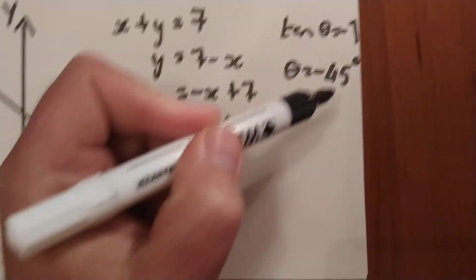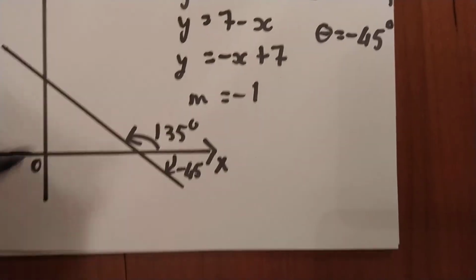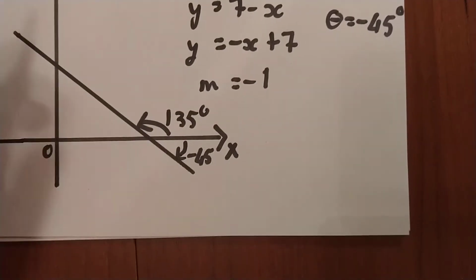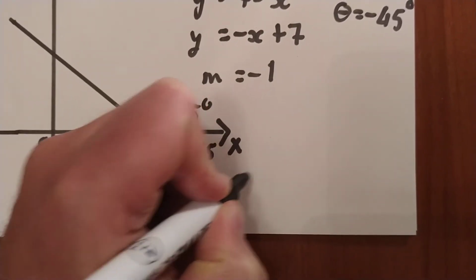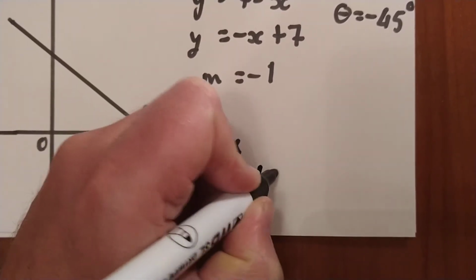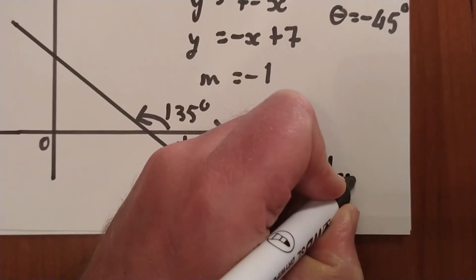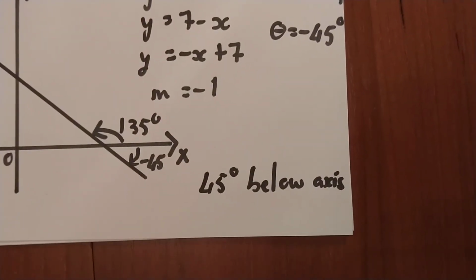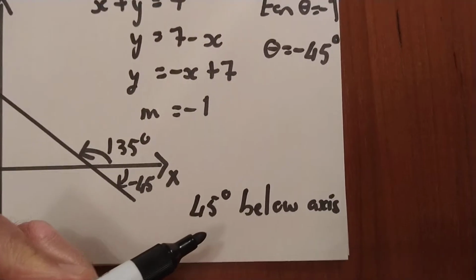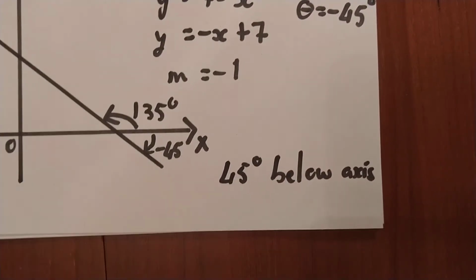It looks like you didn't know what to do, so you just dropped the minus sign. So what you can say is negative 45, and then say something like 45 degrees below the axis. If you put in something like that, it shows that you realize that negative 45 is 45 degrees below the axis.